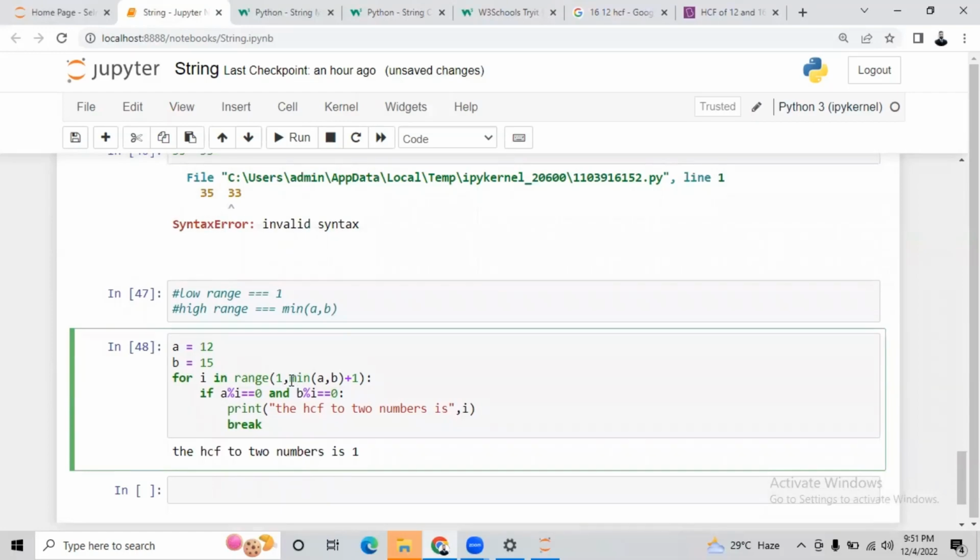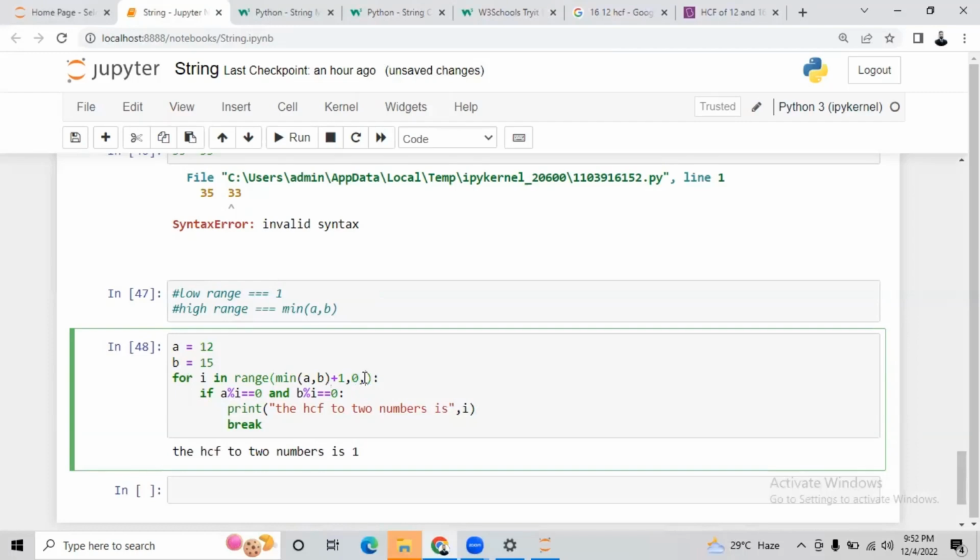So instead of this, what we can do is start from min of A, B, that is, go backward. From 12 we start the loop and go till 1. Correct? 1 can be excluded, so we write 0 here. Why 0? Because 0 is excluded, so it will go till 1.